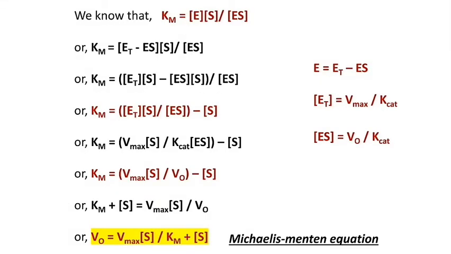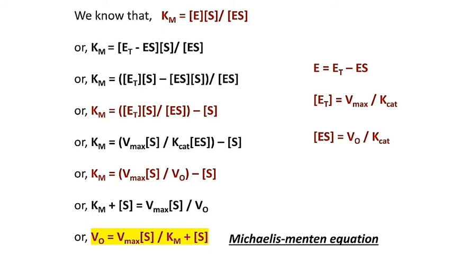So according to the pseudo steady state hypothesis, we know that Km equals E into S by ES. Now if we substitute the value of E in this equation, that is E equals Et minus ES, then we will get Km equals (Et minus ES) into S by ES.